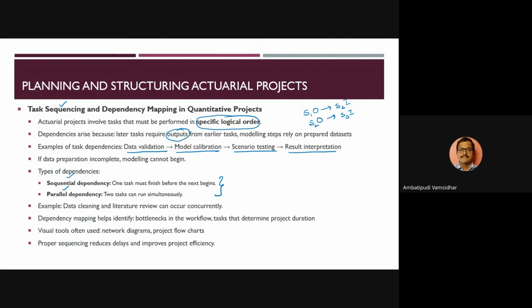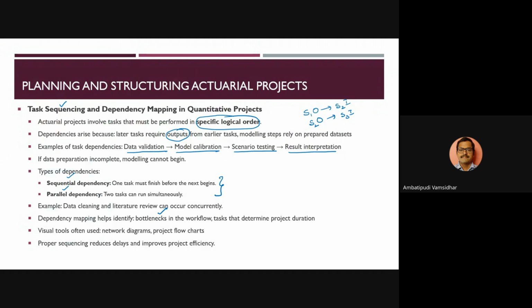So, when I'm trying to understand the sequencing of the tasks and the dependencies between the different stages, if there are any bottlenecks in the entire process, we'll be able to identify those bottlenecks and work on them. I can also look at the tasks that determine the duration of the entire project.